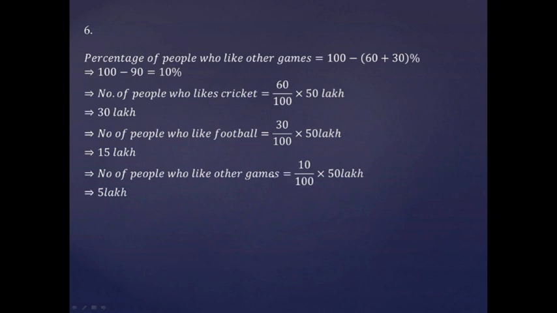If you multiply 1 and 5, you will find 5 lakh. So as a result, 30 lakh people like cricket, 15 lakh people like football, and 5 lakh people like other games other than football or cricket.